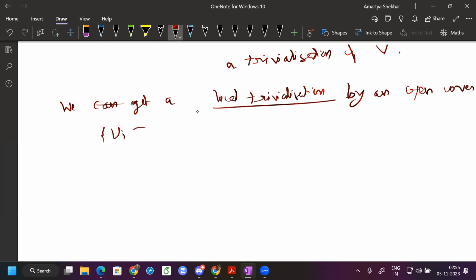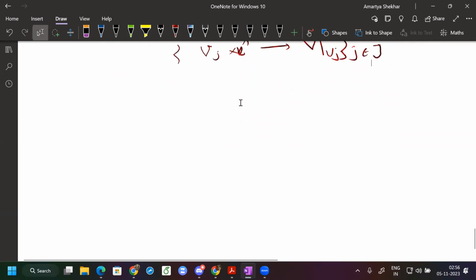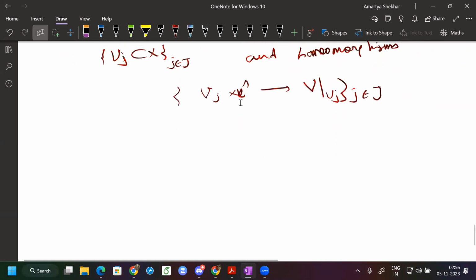Similarly, for each j belonging to the cover, we have homeomorphisms, restricted to j. Then we'll define what a section is.